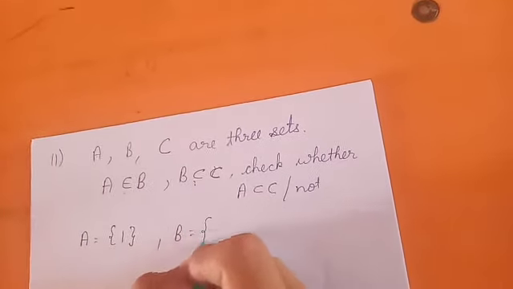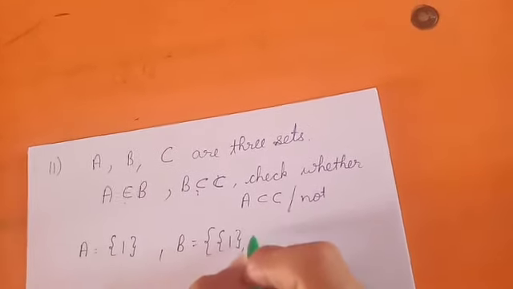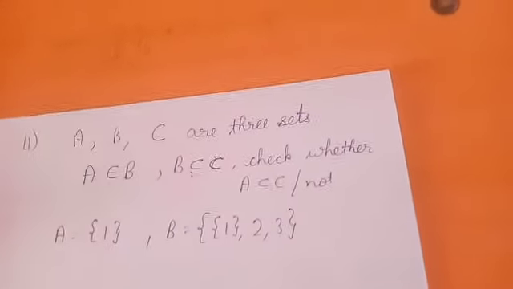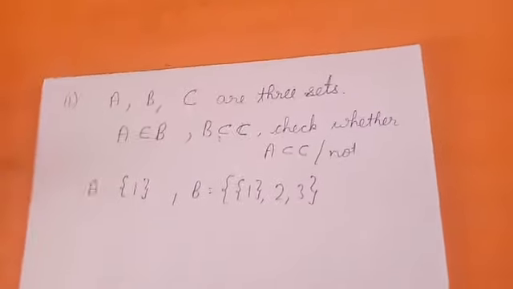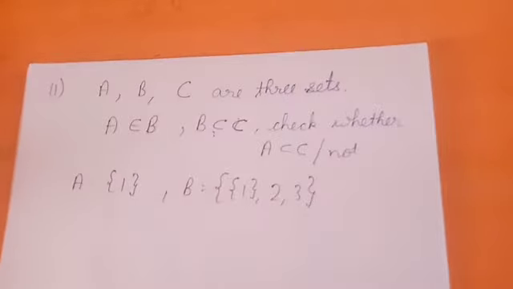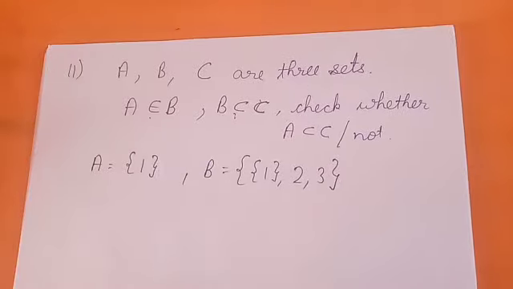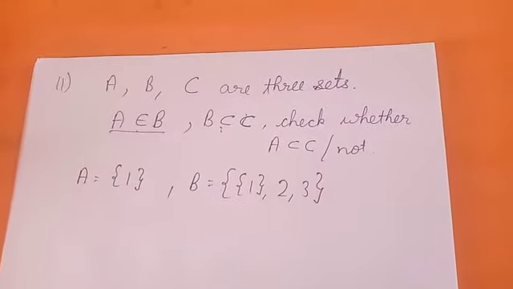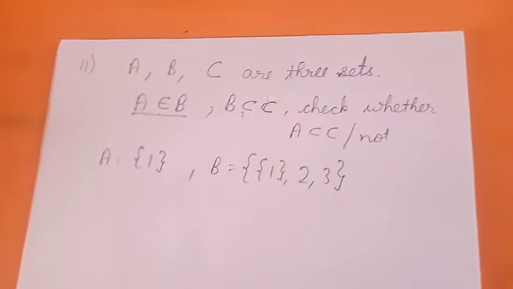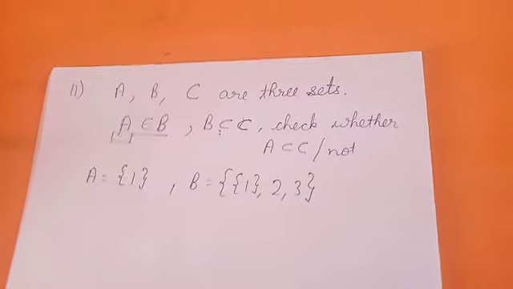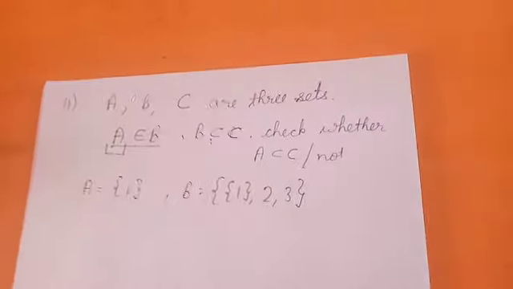B is this. Why do I use double brackets here? Because they have said A belongs to B. That means A is one element, the complete set A is one element of B.